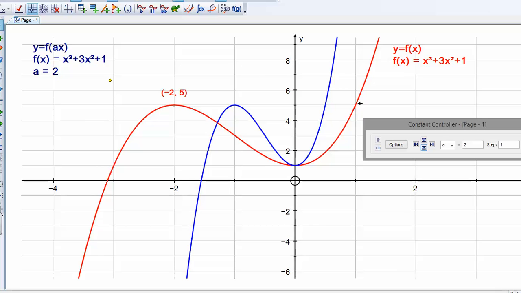And this bit over here, we've gone from where the x-coordinate is 1 to where the x-coordinate is 1/2. So it's the x-coordinate that's changing. We can see that the y-coordinates are staying exactly the same, but it's the x-coordinate that's moving inwards of a scale factor of 2.